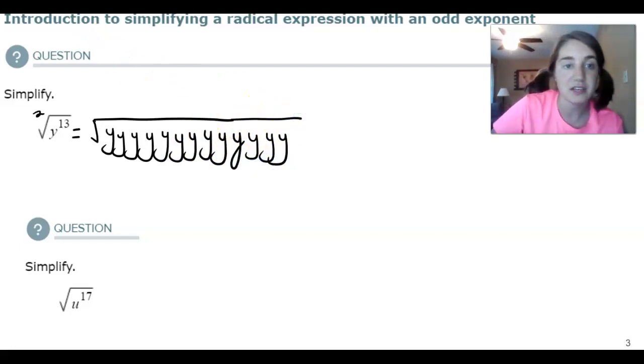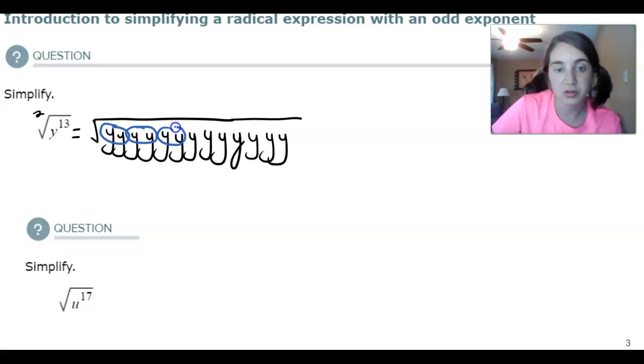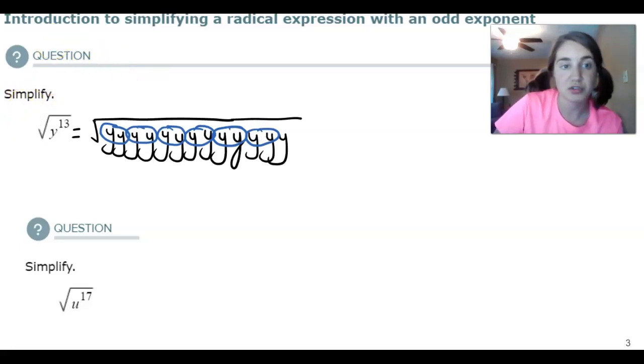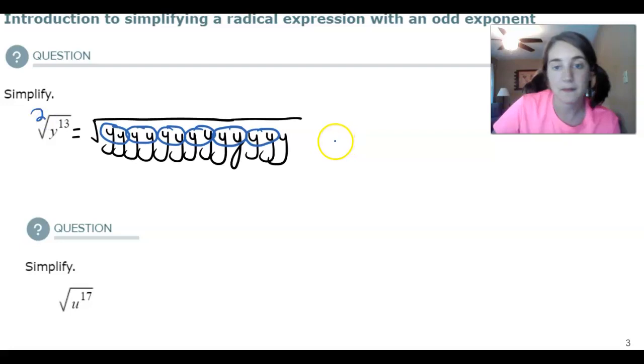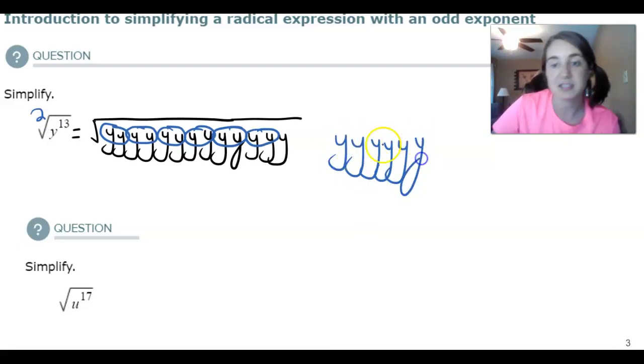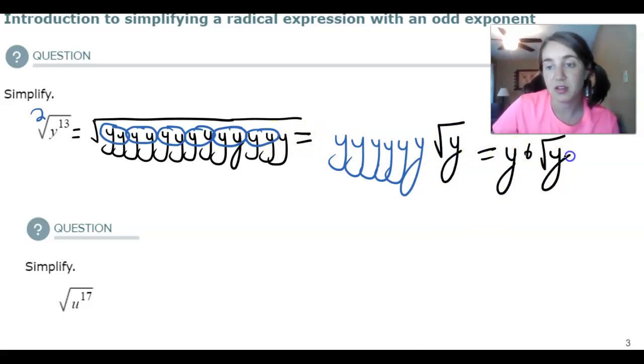I have 13, and it's asking me to group by 2s. 1, 2, 3, 4, 5, 6. I can make 6 groups of 2. So I can make 6 groups of y's, and then stuck on the inside is this extra y. Y to the 6th square root of y.